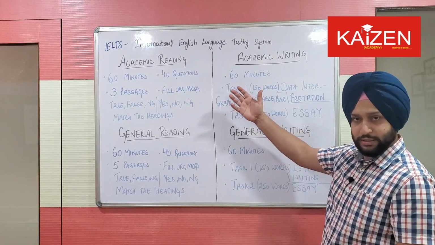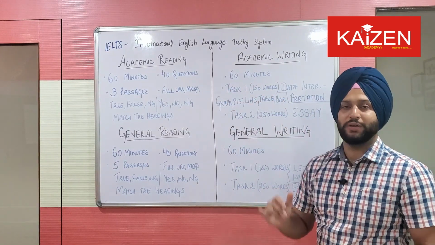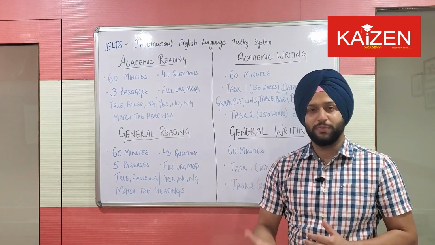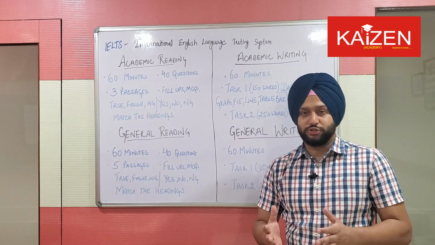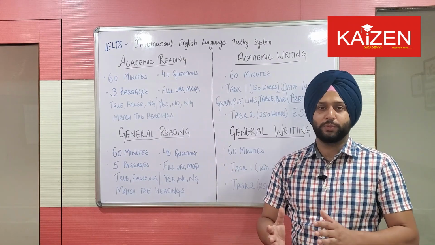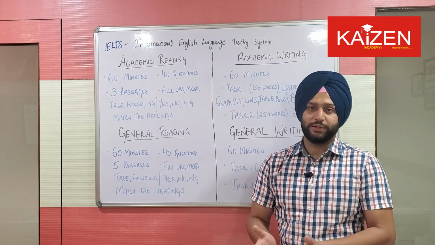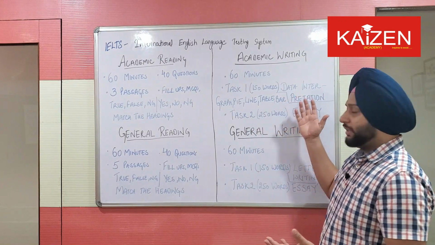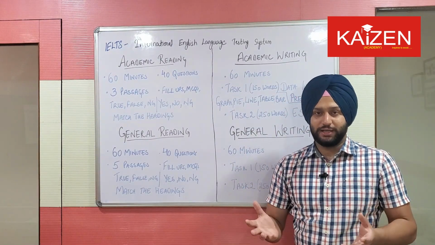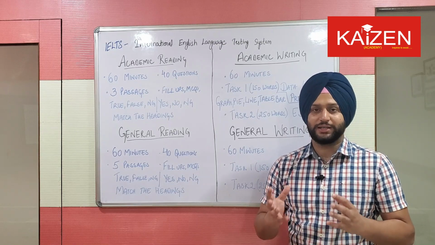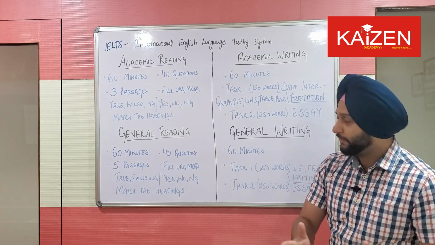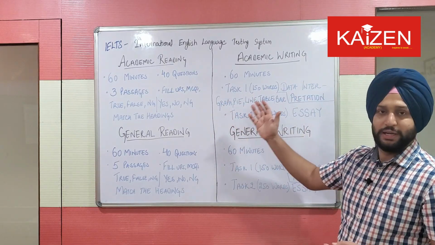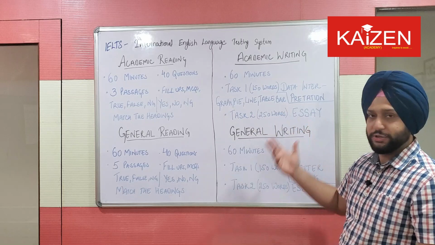In task 1, you have to write a minimum of 150 words, at least 150 words. That means you have to write above 150, and the ideal word limit will be between 160 to 180 words. And what will be there in task 1? You will be given a sort of data, and you have to interpret that, and that data can be given to you in the form of a graph, a pie chart, a line graph, maybe in a tabular form or a bar chart.